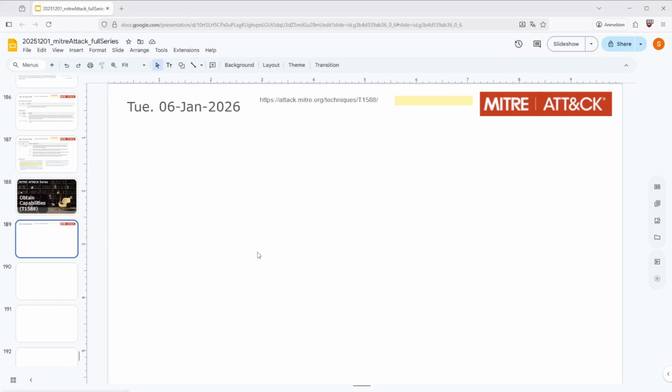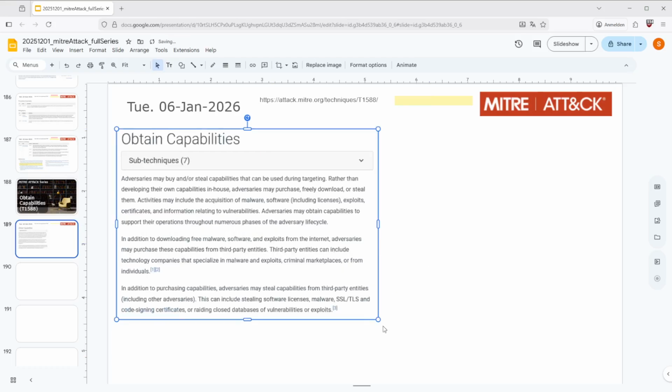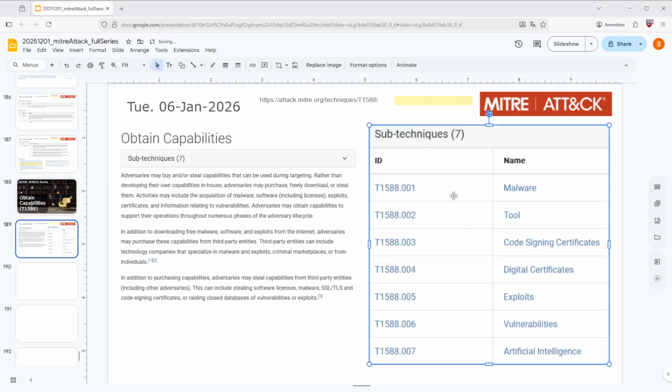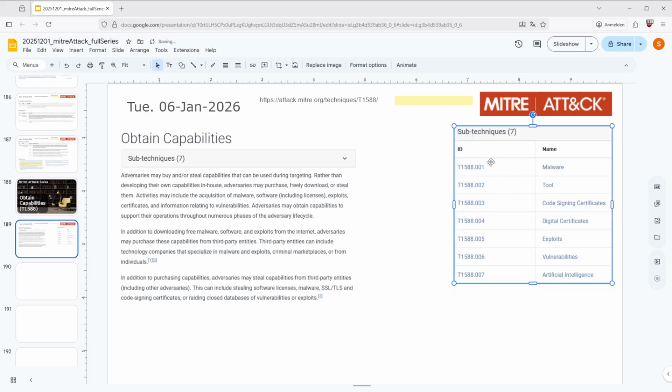And let me copy a little bit of that stuff on that page here. So we have 7 sub-techniques. I'm going to make that a little bit smaller this time because I would like to fit the sub-techniques as well. Give me a moment to order all of that.